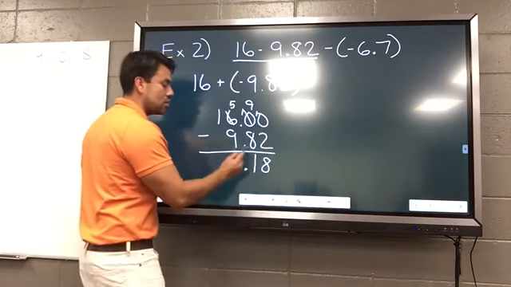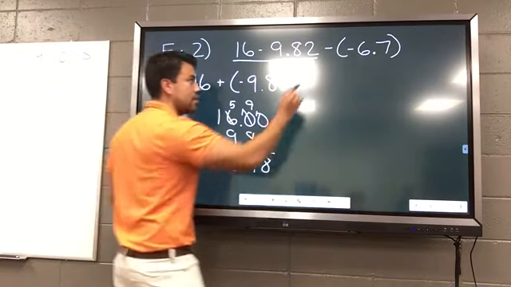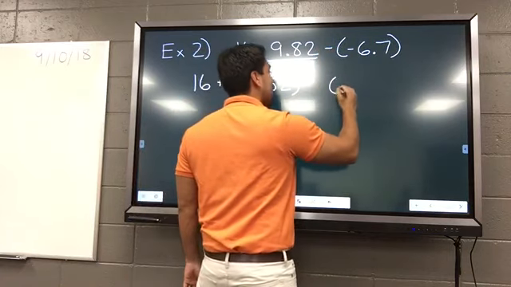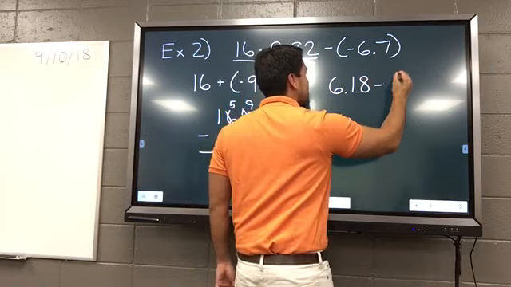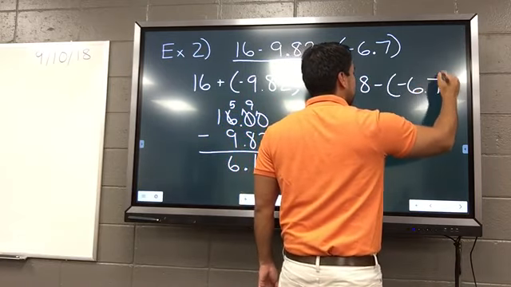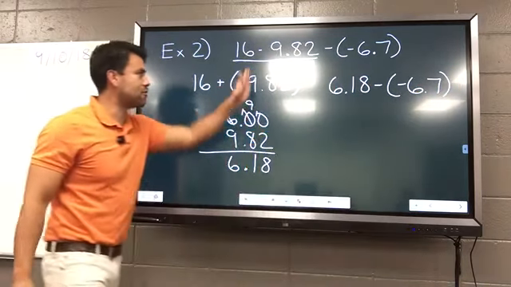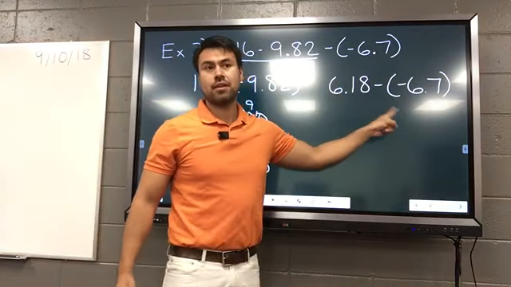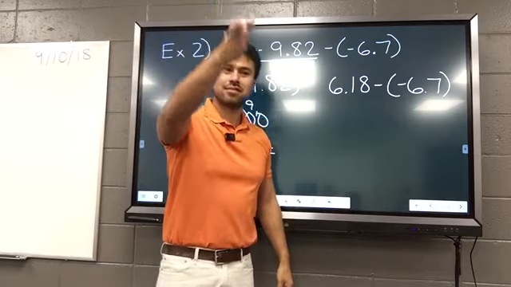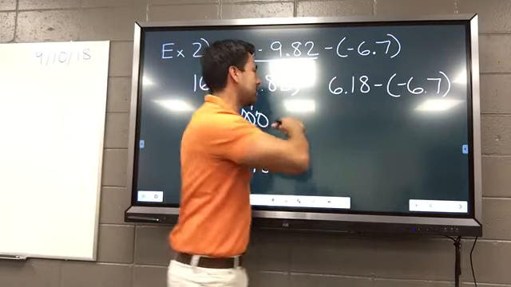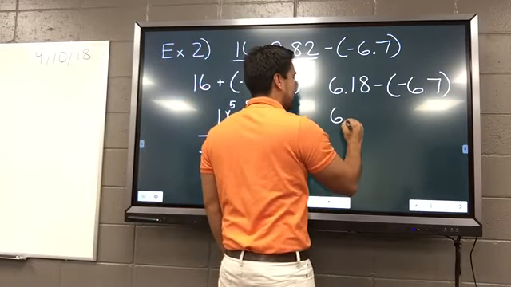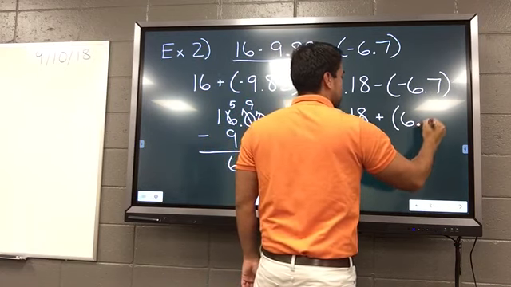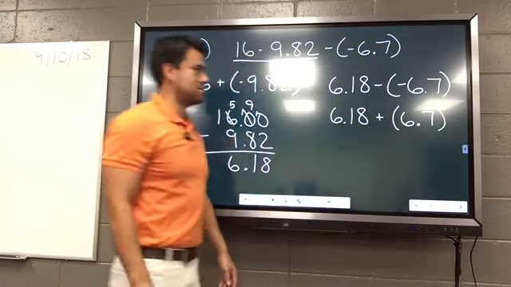All right. Now, what do you think I'm going to do with 6 and 18/100ths and negative 6 and 7/10? Subtract them. Yeah, I'm going to write it like this first so we know what happened. Okay. I did my first step. It's right here. So what do I do now? Stay, change, opposite again. Oh, that's nice.